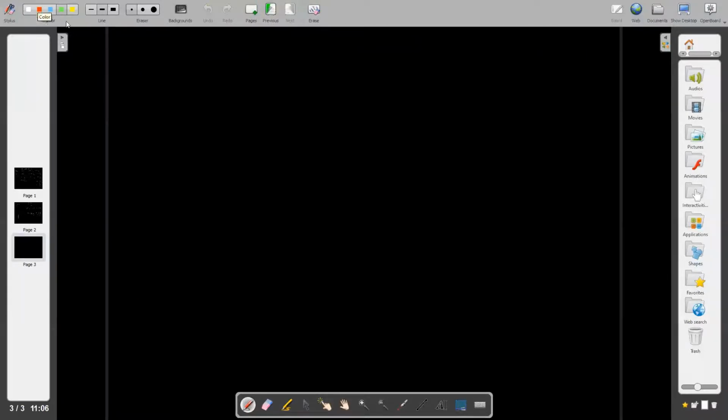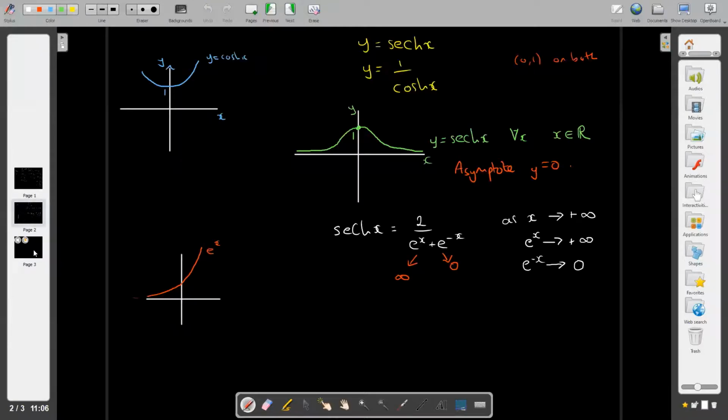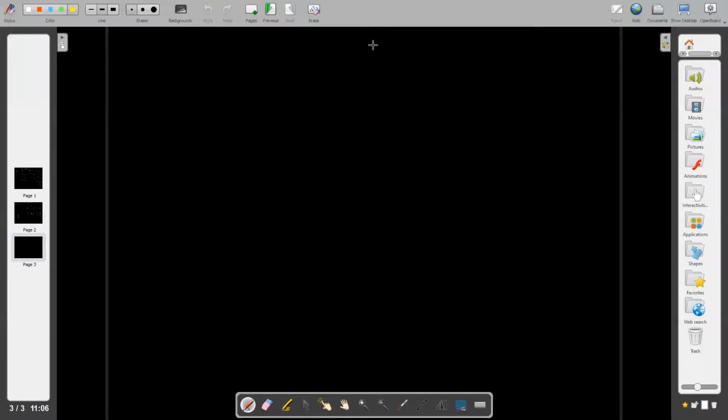Let's have a look at cosech. Okay, so let's have a look at y equals cosech. Okay, so again, we want to think about a graph of something like y equals cosech, think about the graph it's based on. Well, this is 1 over the hyperbolic sine, isn't it?